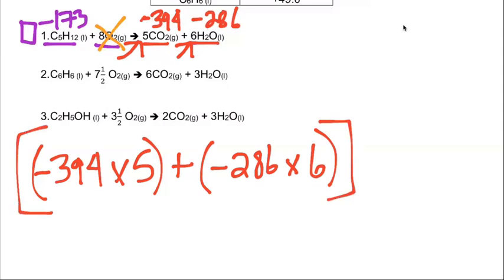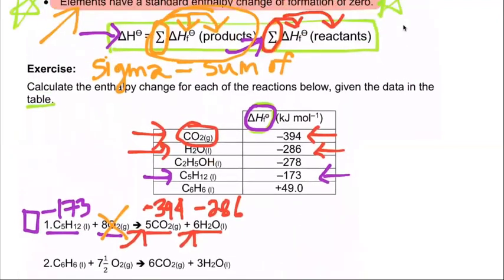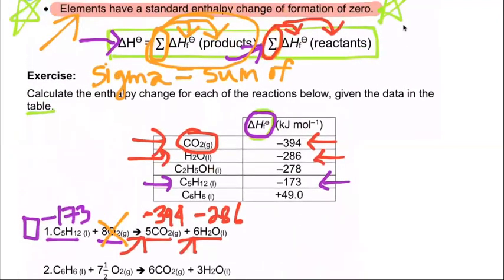So I'm going to do their enthalpy of formation value multiplied by their coefficient for each one, and then I'm going to add them together. That's my product side. Now, if I go back up and look at my equation, that's this side. That's the sum of the products. Now I need to do this side. I need to do the sum of the reactants so that I can then subtract them.